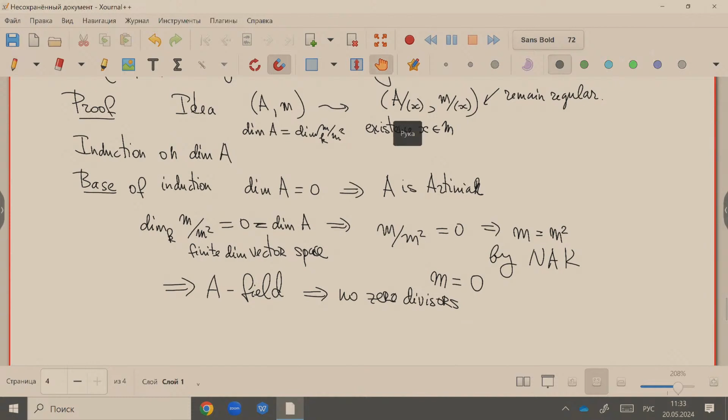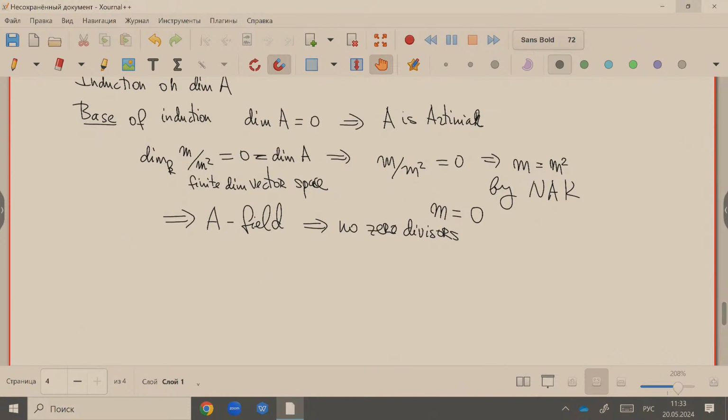So and then the second step is the following. Suppose A is not a domain.